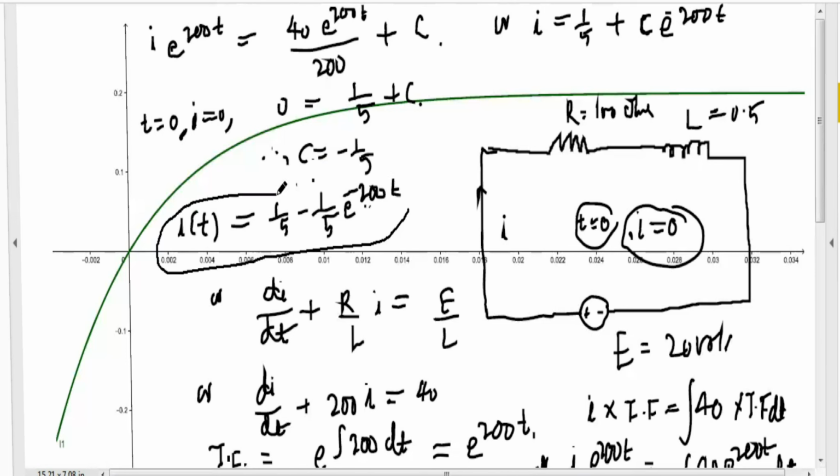In the figure, the current flow starts from here at time t equals 0, rises sharply, and reaches its peak at about 0.01 second. At this point the current then stays constant.